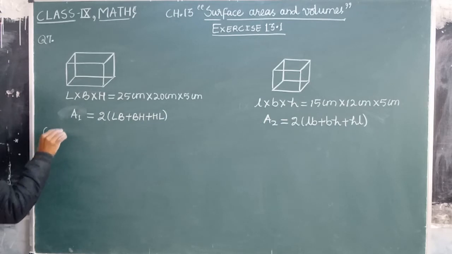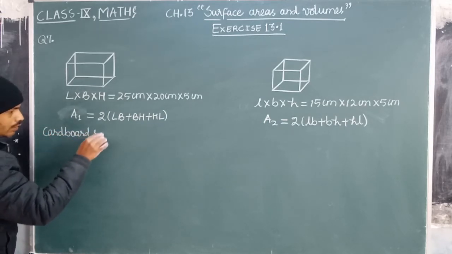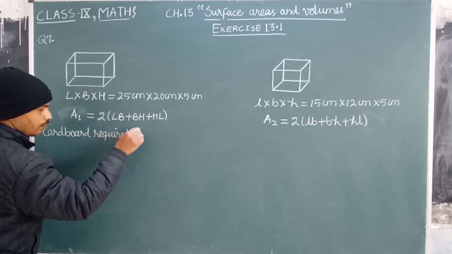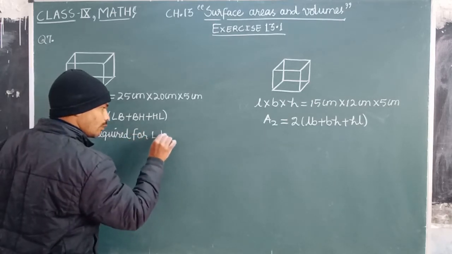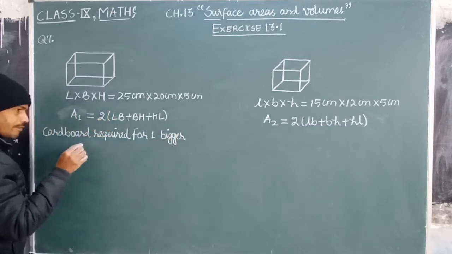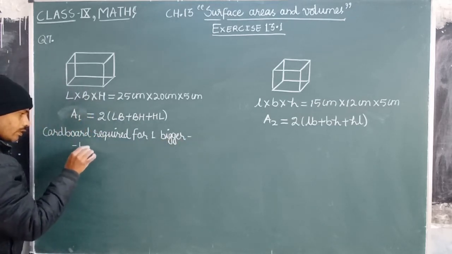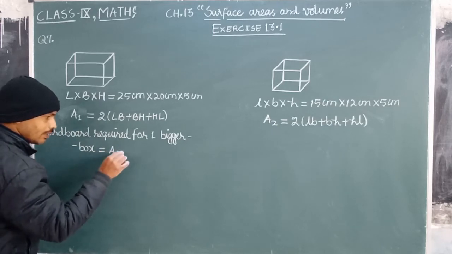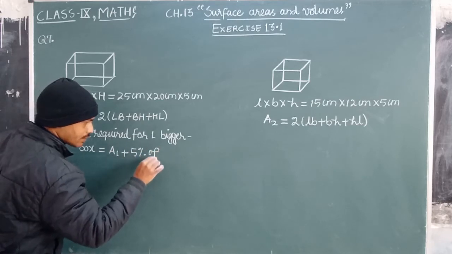So cardboard required for one bigger box equals cardboard used for its TSA plus 5% of TSA extra.